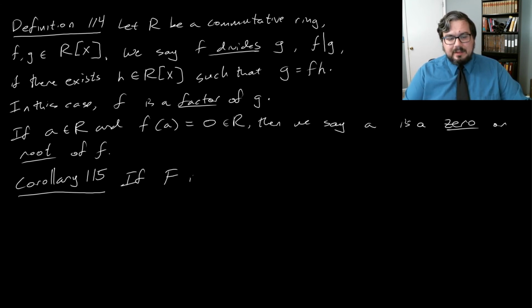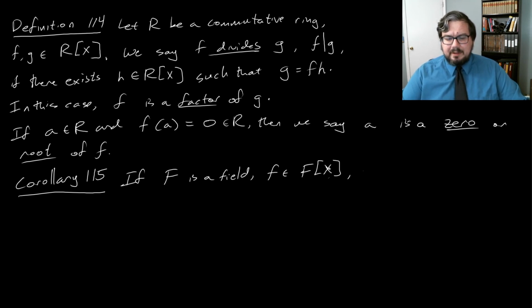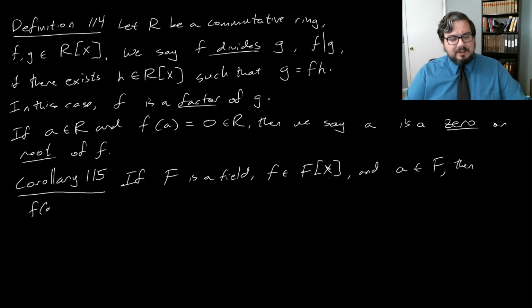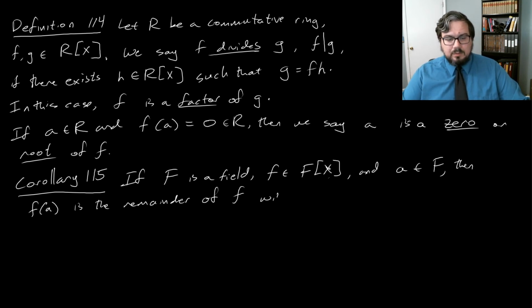If F is a field, F belongs to the polynomial ring over the field F, and A is a field element, then the evaluation of F at A is the remainder of F with respect to the polynomial x minus A.